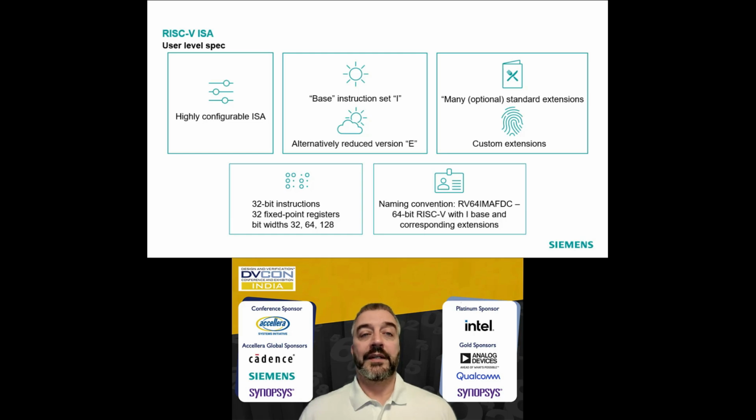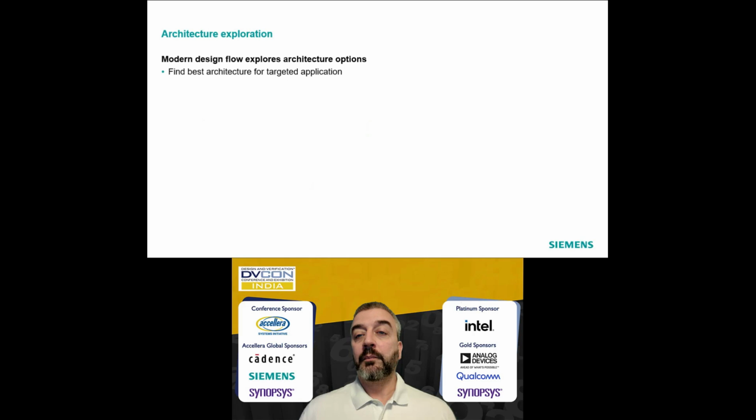And then, of course, it's by far not only the hardware side of RISC-V. There are lots and lots of things on top of this ISA level. You have compilers, instruction set simulators, and whatnot, up to booting Linux on top of RISC-V, which makes this ecosystem so valuable and so compelling for many users. Now, looking at a typical modern design flow, you would start with some kind of architecture exploration to figure out the right split of hardware and software in your particular system.